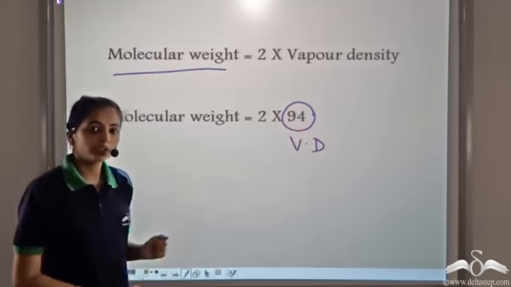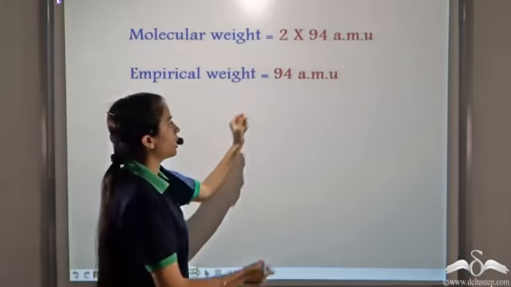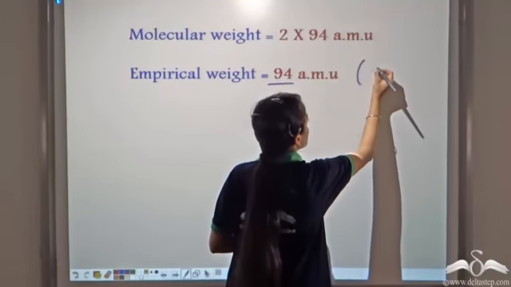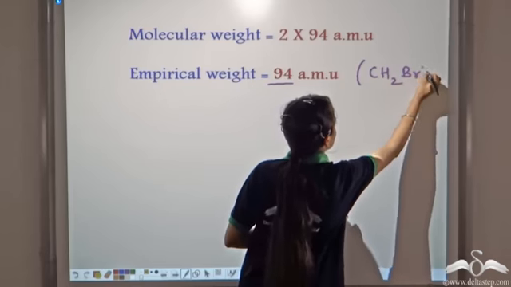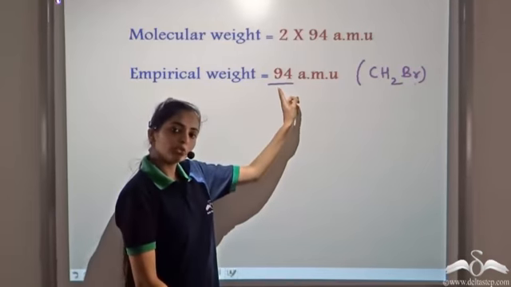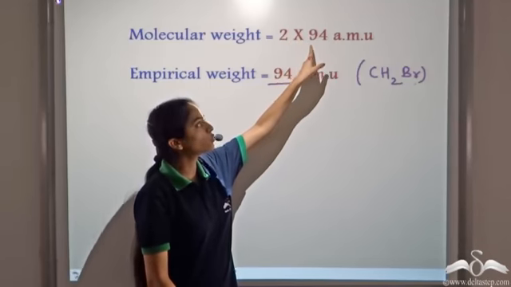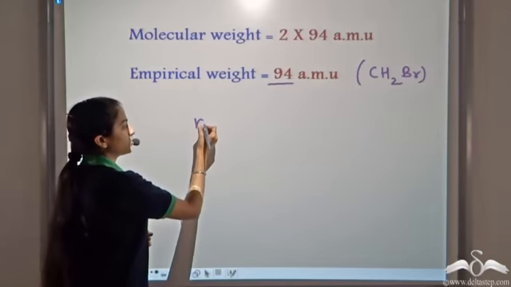And we have already calculated the empirical formula weight. So we now know that the empirical formula weight from the formula CH2Br is 94, and the molecular weight we can leave in this form itself, that is 2 into 94 atomic mass unit. Now we calculate the factor.